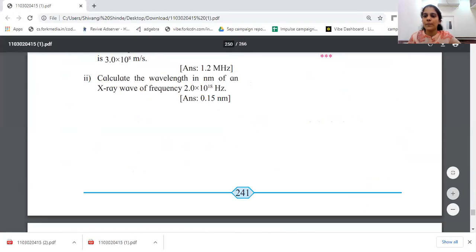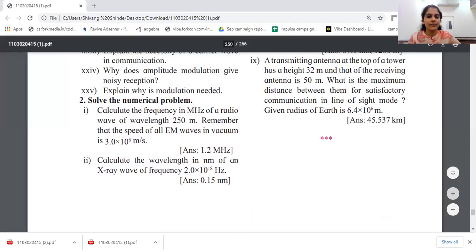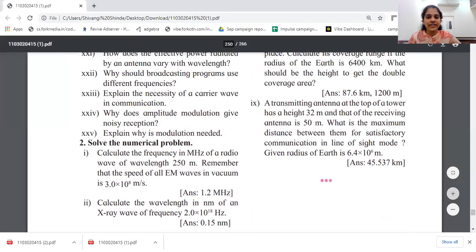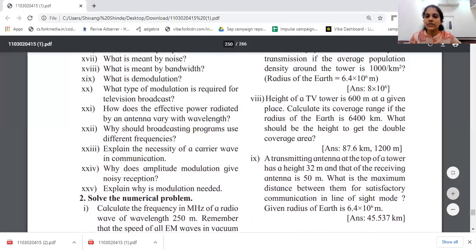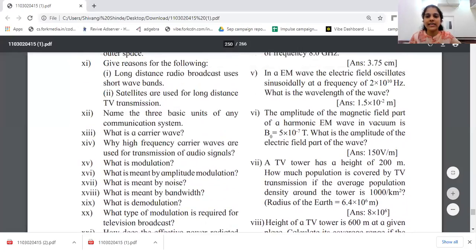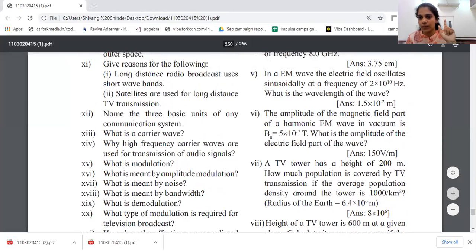Okay, everyone please go to page 241 of your textbook. So students, in all we have 9 numericals here, but we will be solving today only till the 6th numerical. The 7th, 8th and 9th are based on the concept that we'll be studying later, so we won't do those now. Till the 6th numerical we will be solving.